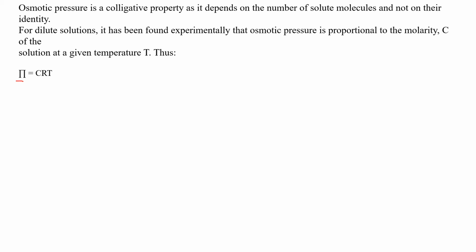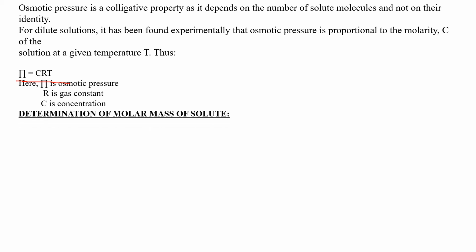So pi will be equal to concentration into gas constant into temperature. Pi will be equal to CRT. Hence pi is osmotic pressure, R is gas constant, C is concentration.